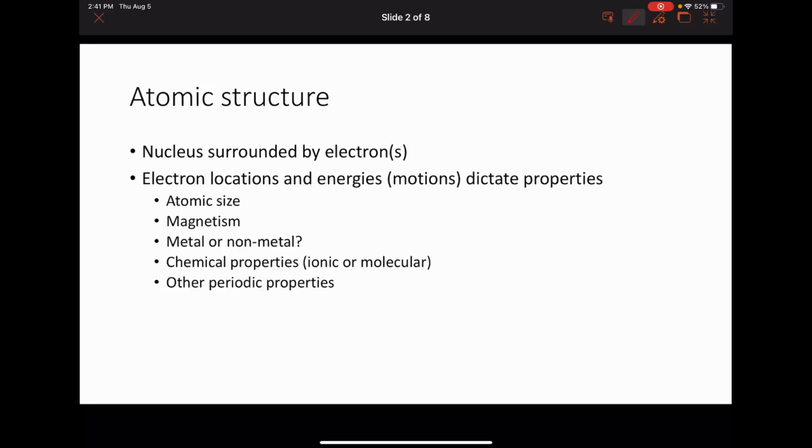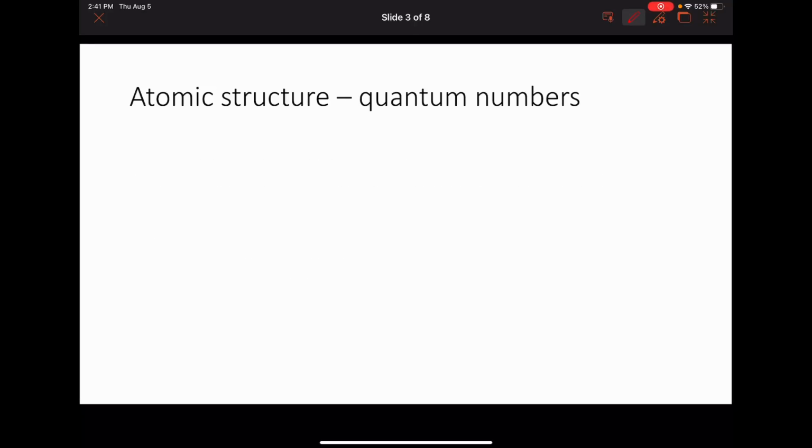In other words, the locations and the energies of the electrons of the atom are what dictate the properties that we care about. So things like size, whether it's a metal or non-metal, whether it forms ionic or molecular compounds, and any of the other periodic properties we'll talk about in this class. So let's talk about how we define where the electrons are.